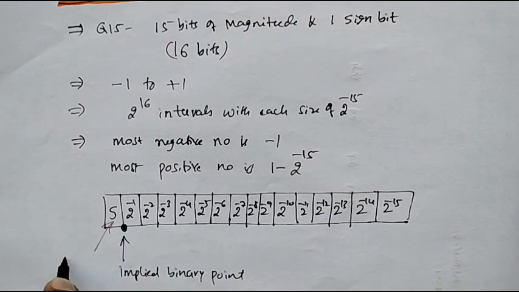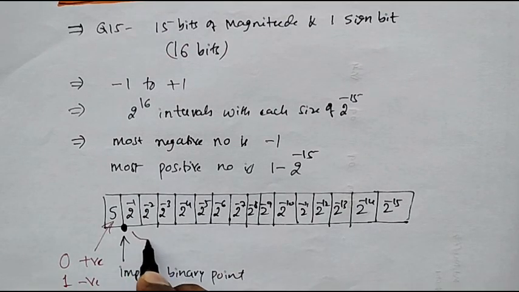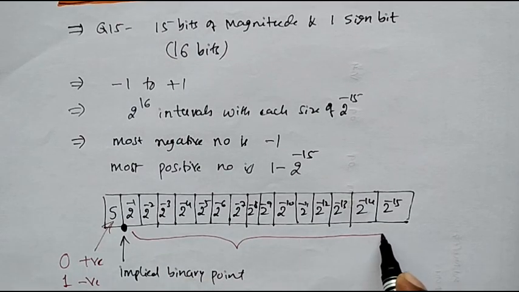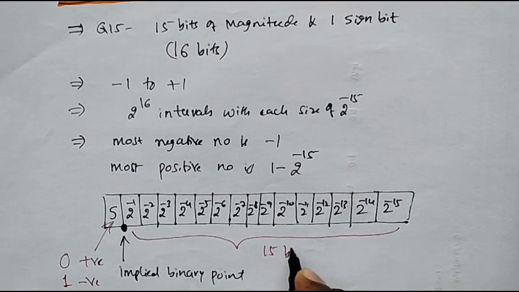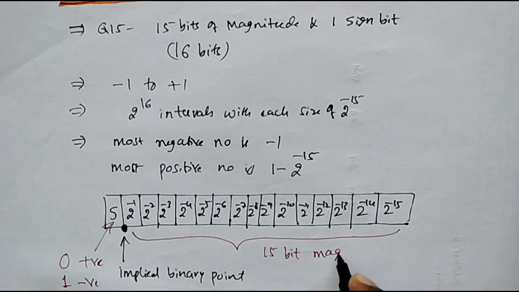This sign bit is 0 for a positive number and 1 for a negative number, and this is the 15-bit magnitude.